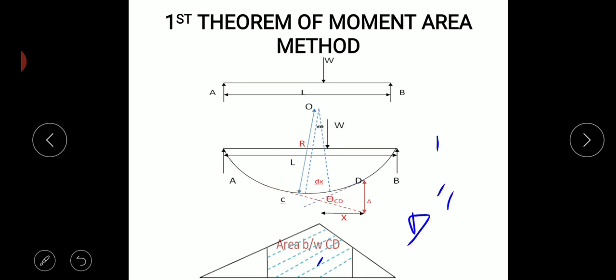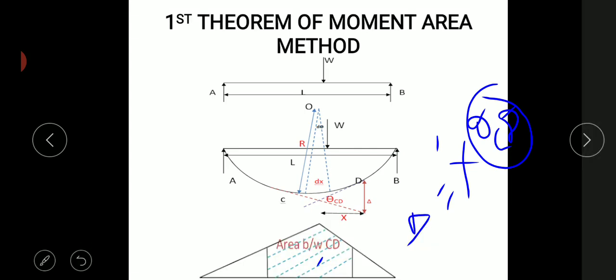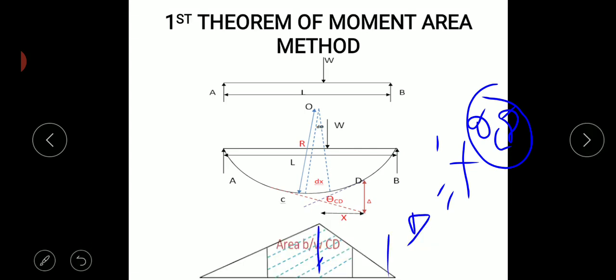delta is equal to x into theta CD. We have proved that. Theta CD is nothing but the area between these 2 points, which I need to calculate.